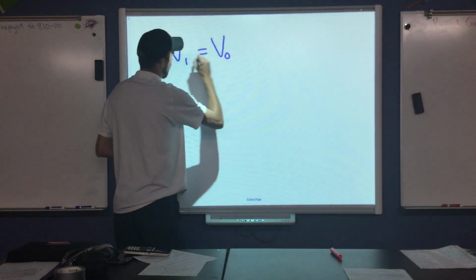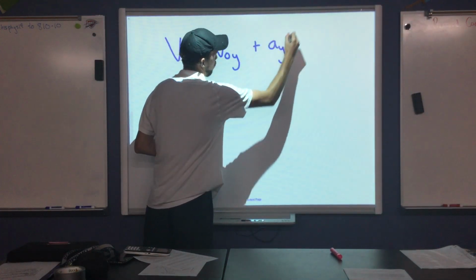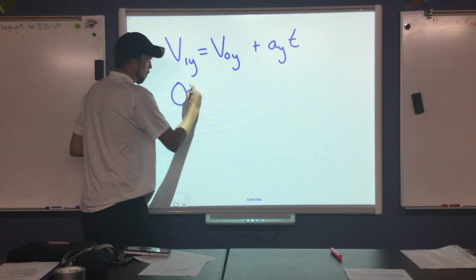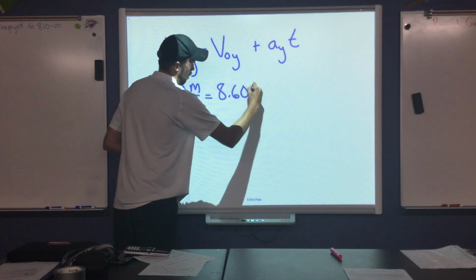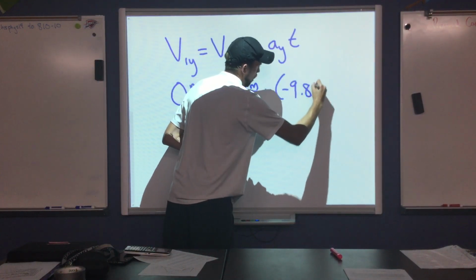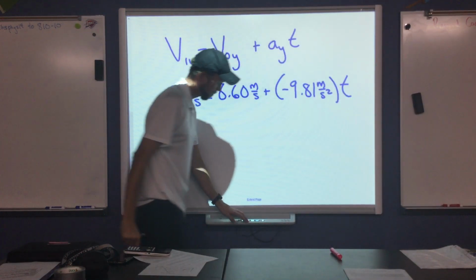V1 is equal to V0, in the y direction, plus acceleration in the y direction times time. So V1 in the y is 0 meters per second, V0 is 8.6 meters per second, plus negative 9.81 meters per second squared times t.